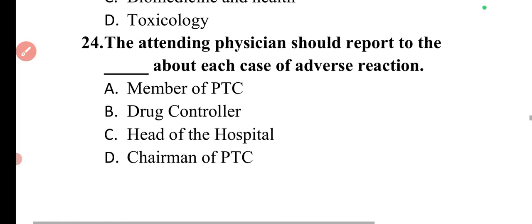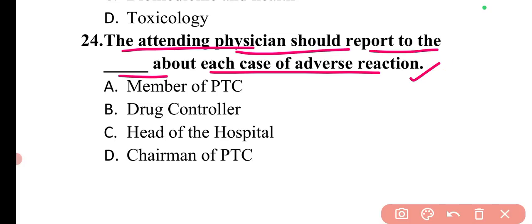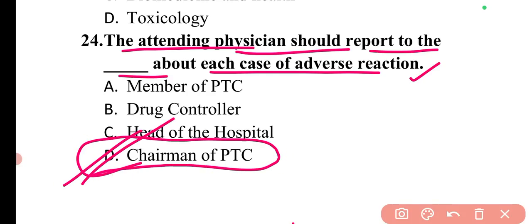Now moving to the next question. The question is, the attending physician should report to the dash about each case of adverse reaction. Whosoever is the attending physician, he should report to the chairman of the pharmacy and therapeutic committee. And who is the chairman?